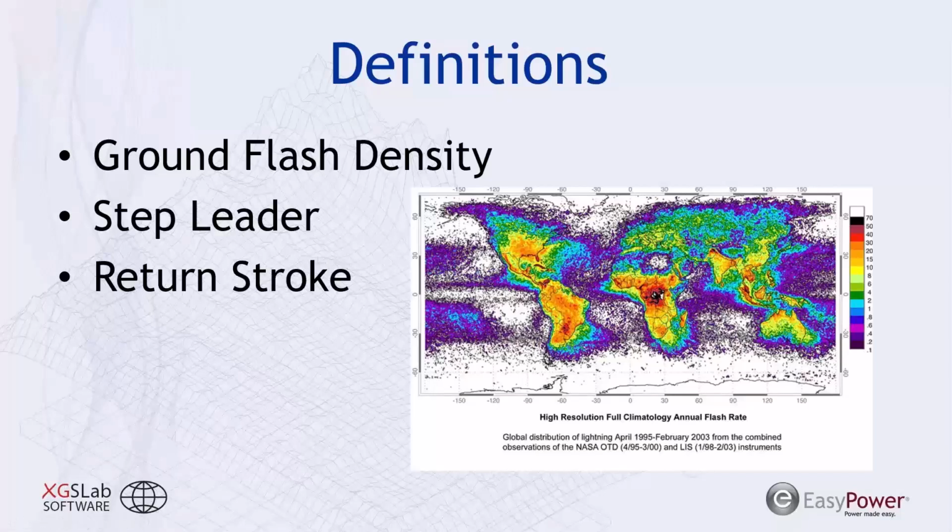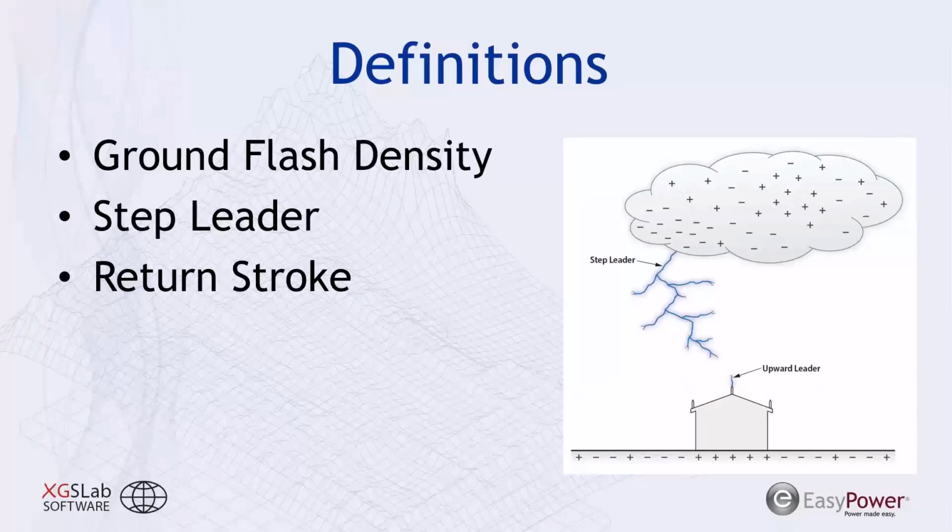Another term to be familiar with is the step leader. As illustrated here, when you think of lightning coming down from the cloud, it makes these jagged paths coming down, and these are referred to as the step leaders. Dependent on the energy or the stroke current of that lightning, that will relate to how large the steps of this lightning path may be.